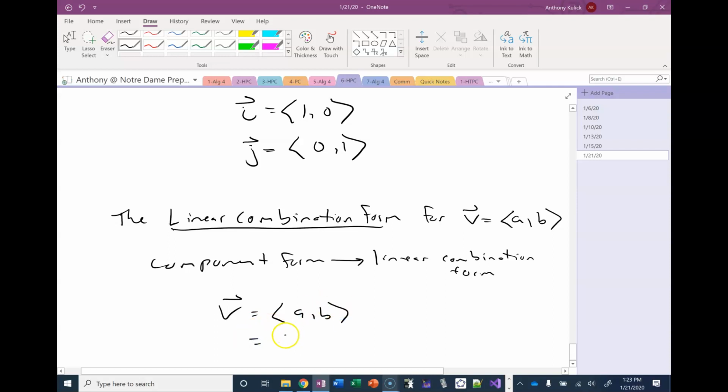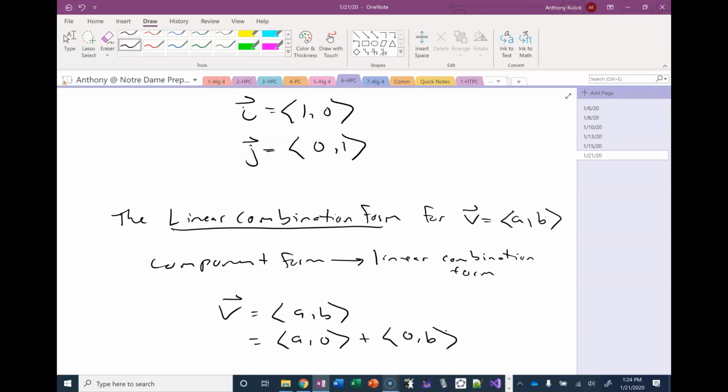So vector v is the vector ab. Well, that's got to be the same thing as just a, 0 plus 0, b, right? By vector addition, we can just break the vector apart like that, right?